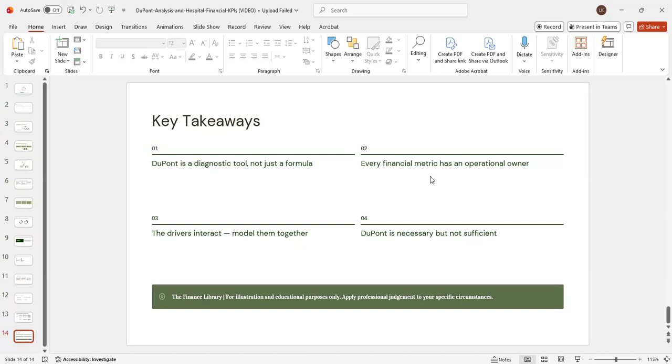It is helpful to remember that associated with every metric, there is an operational KPI. These operational KPIs are owned by different parts of the organization, but it's important to have a dashboard of them, because those in turn drive the financial metrics.